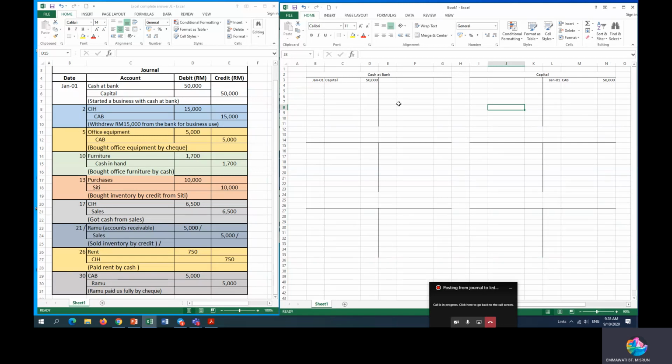So far we have already had cash at bank, which has been opened on January 1st. So we are going to use the same cash at bank account. It means that we need to open one new account, which is cash in hand. So let's have this here, cash in hand.